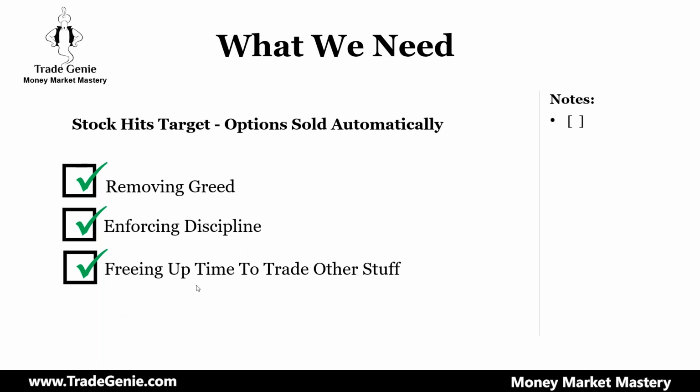Then another one is freeing up your time to trade other stuff. If you set your sell orders based on conditional orders, you can do other things like watching other trades. At least you have set your sell order based on the stock, and you can always cancel, but it's there, and you're trying to find other candidates, because watching 20 open positions is like bullets are flying.